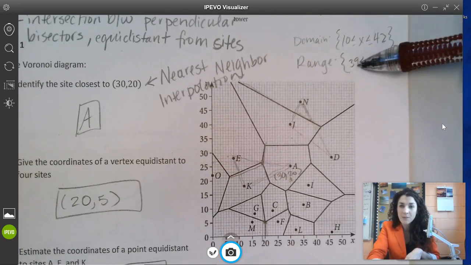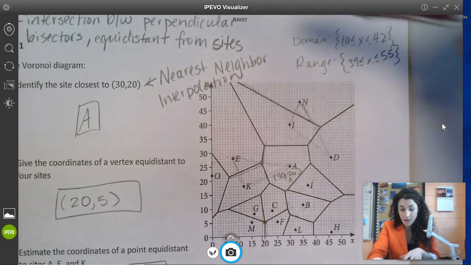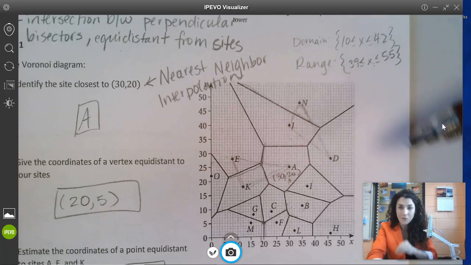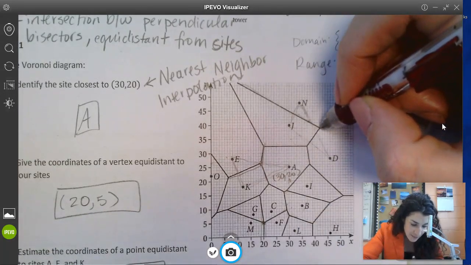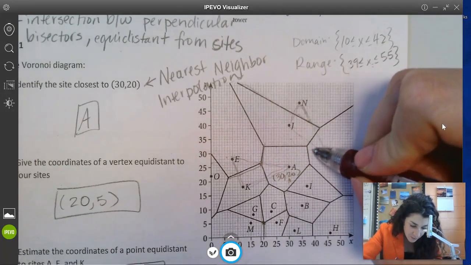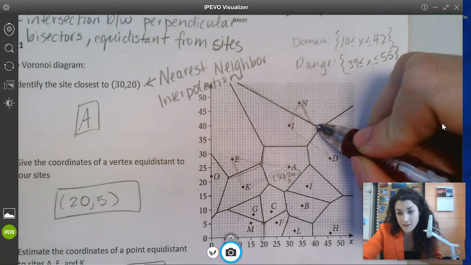So I'm trying to think of a number between 39 and 42 that is on the perpendicular bisector and has the same x and y value for the coordinate. And so I'm trying to find those values. 39 for my x value is here, but a y value of what looks like 41. 40 is 40 as well.